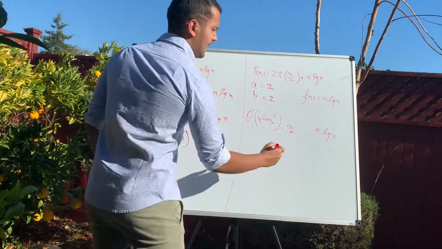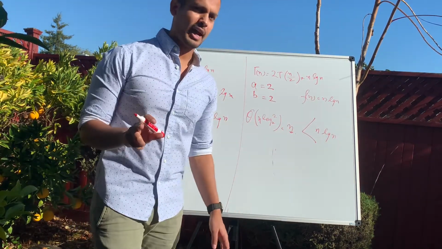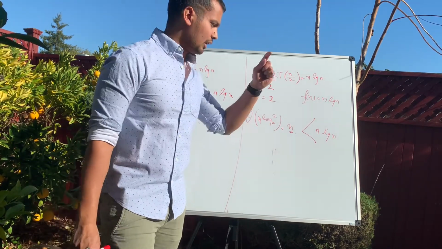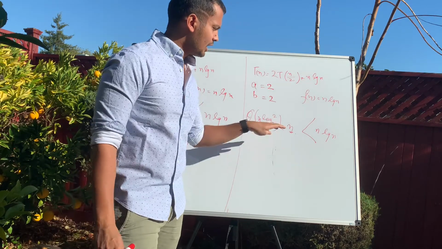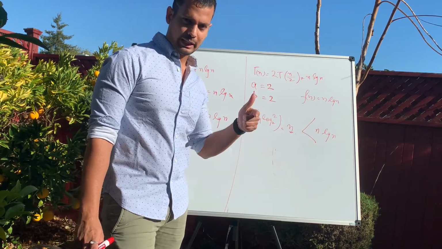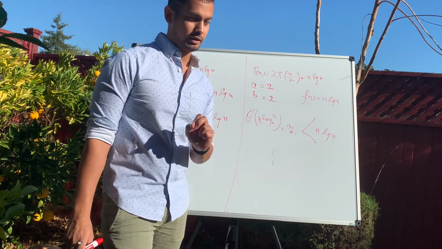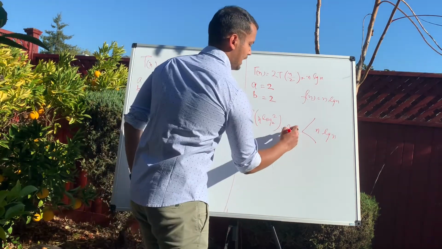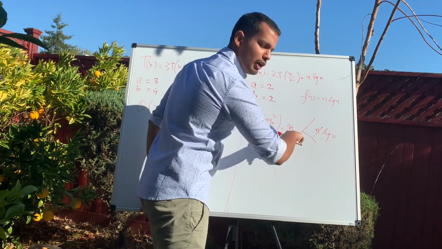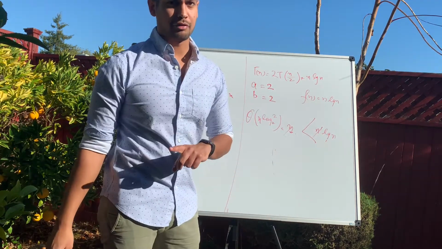Although n log n is always greater than n, Master Theorem states that for a condition to be true, case 1, case 2, case 3, these two sides either have to be greater, equal, or less than in terms of polynomial. So although n and n cancel out, this side is not polynomially greater than this side. Hence we cannot apply Master Theorem.